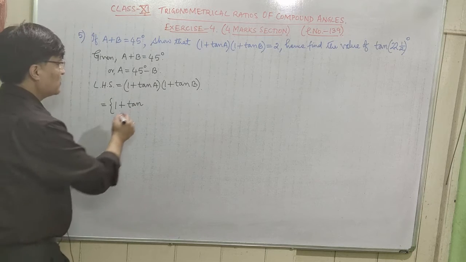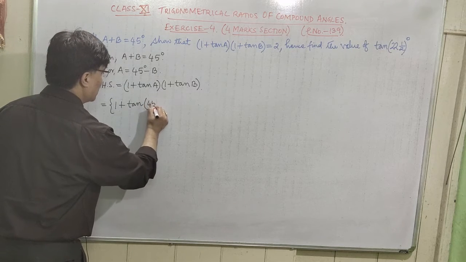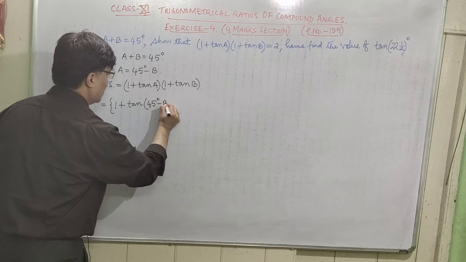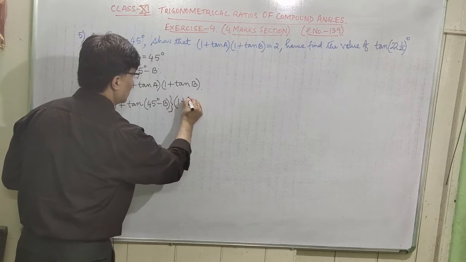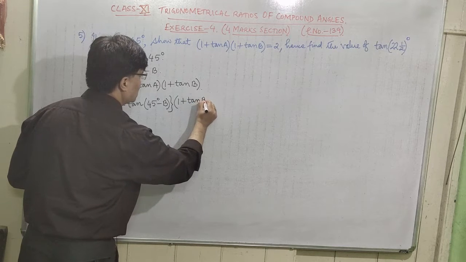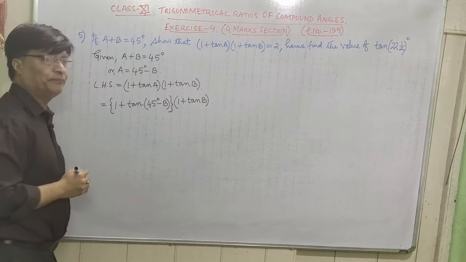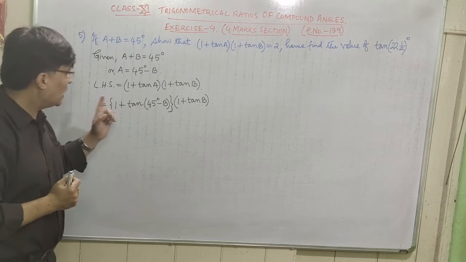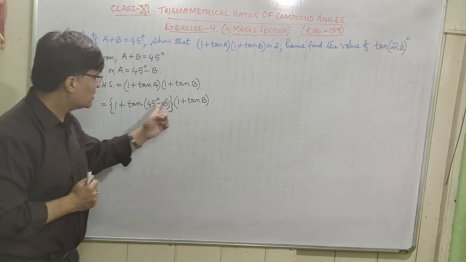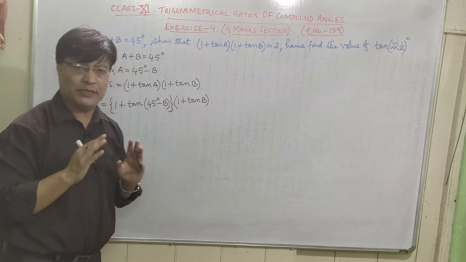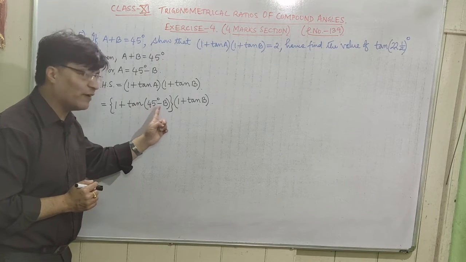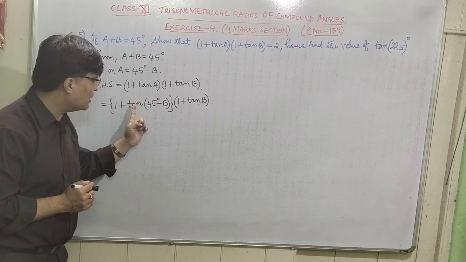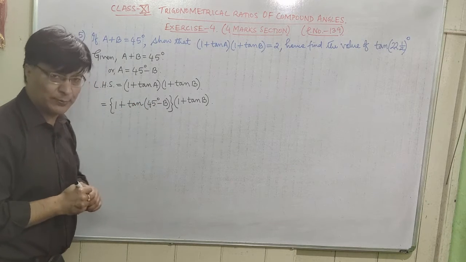The value for A is 45 degrees minus B. The second bracket is closed, then within bracket 1 plus tan B. Is that clear? In this case, the expression 1 plus tan B is kept as it is. Only you have to simplify tan of 45 degrees minus B. Here you can use the formula of tan of A minus B.